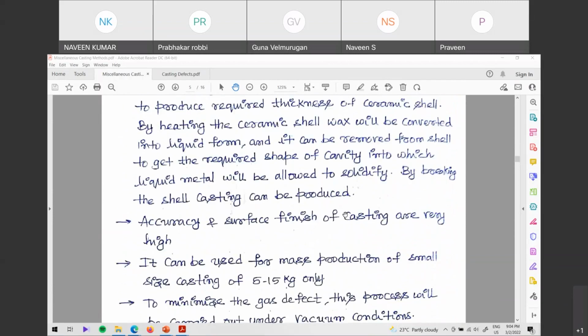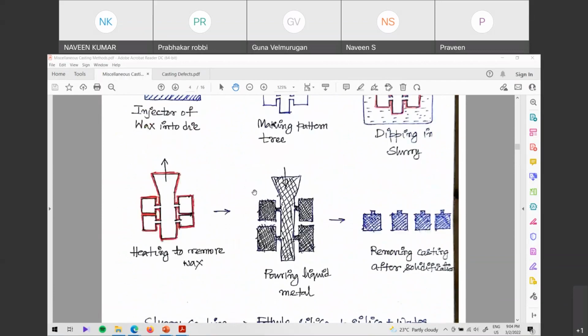And please do remember, this process, what you're trying to pour, is done in vacuum. After getting the shell, you are pouring the liquid in vacuum, because here we are not designing any runner, there is no sprue, so an aspiration effect might be a possibility.